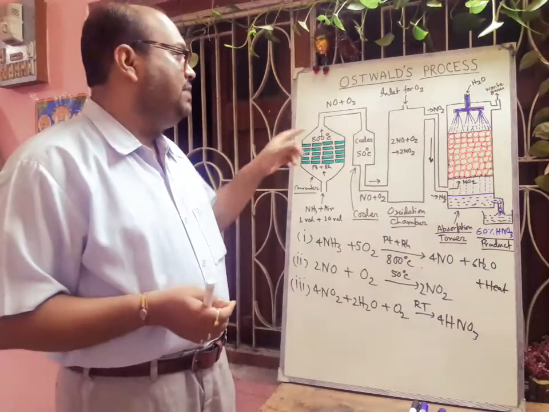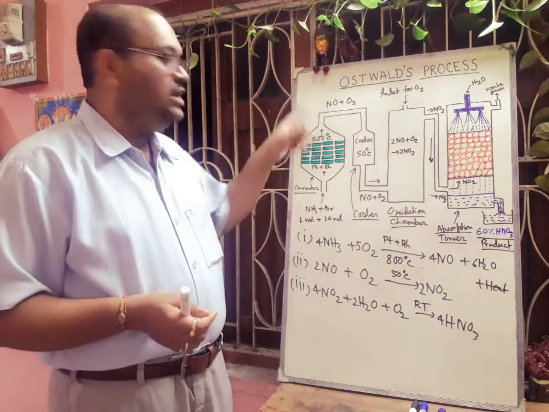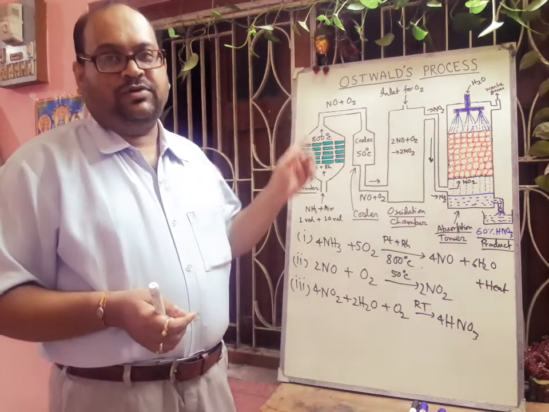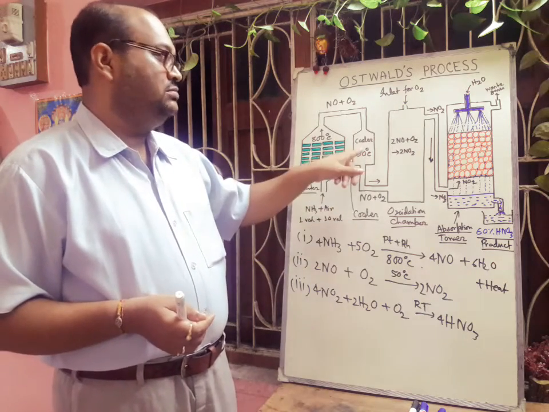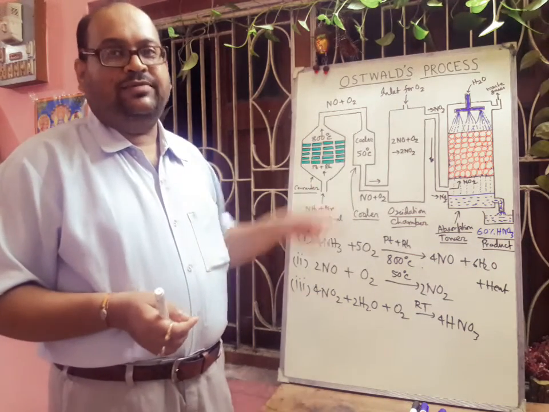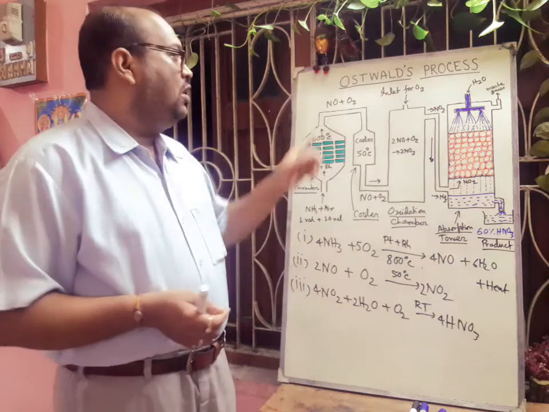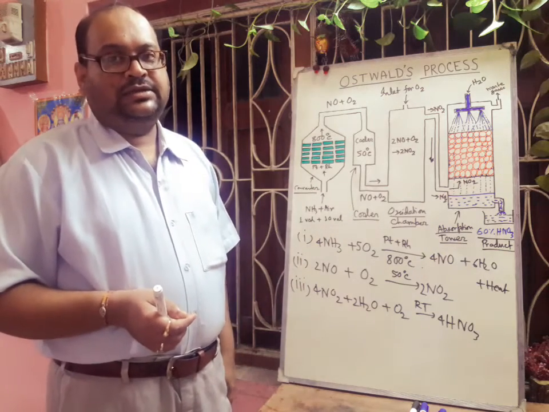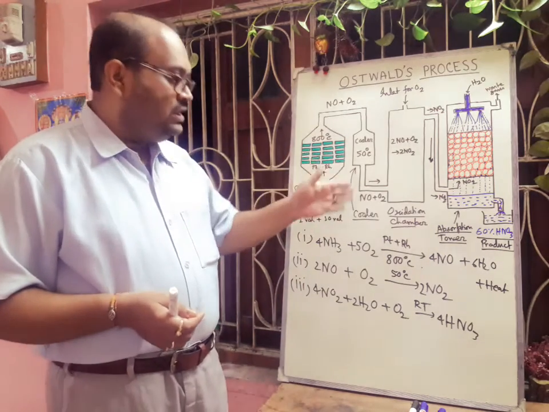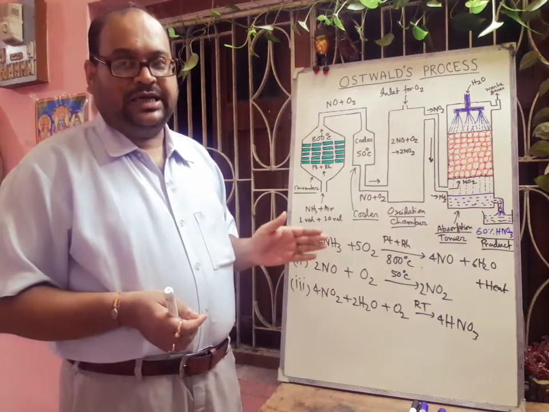Then the gases coming out after the oxidation of ammonia to nitric oxide we have to pass through a cooling tower. This one is the cooler. In the cooler we have to cool the gas properly and maintain the temperature of the NO at around 50 degrees centigrade.